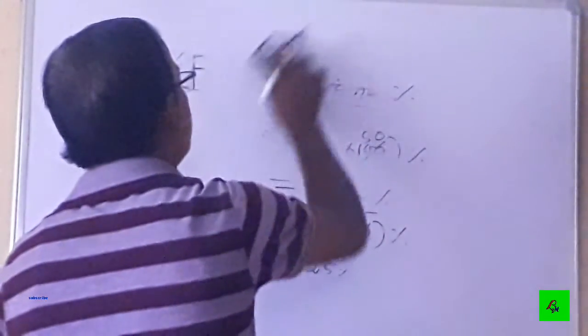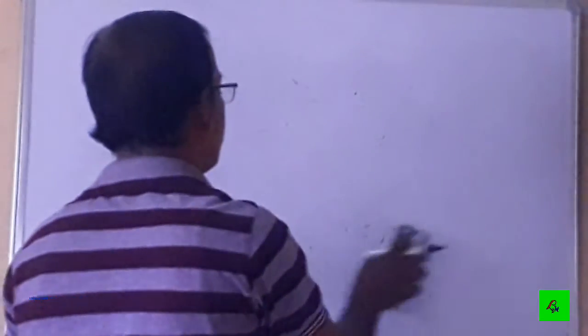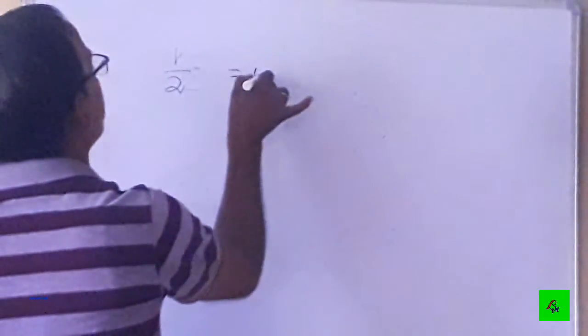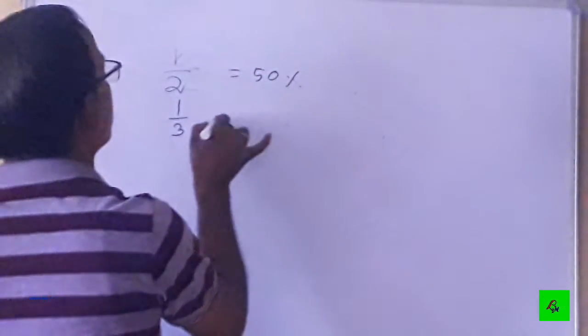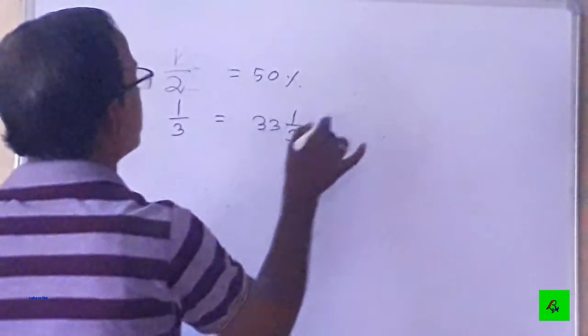So that we can remember some of the fractions into percentage. 1 by 2 equals 50%. 1 by 3 equals 33 whole 1 by 3 percentage.